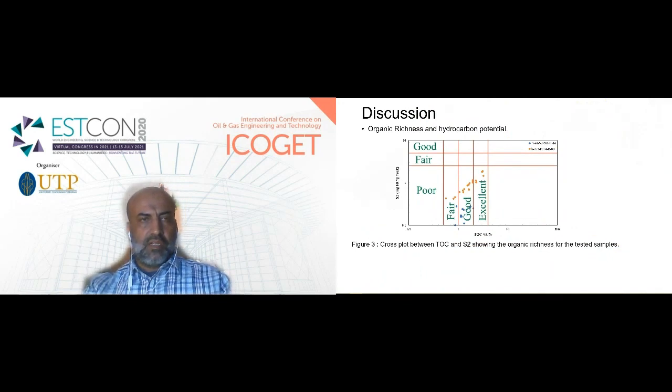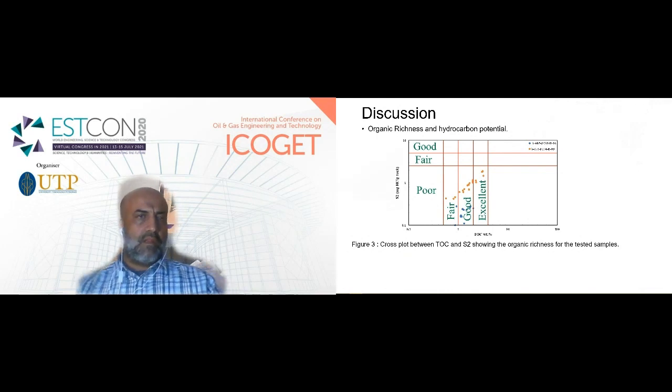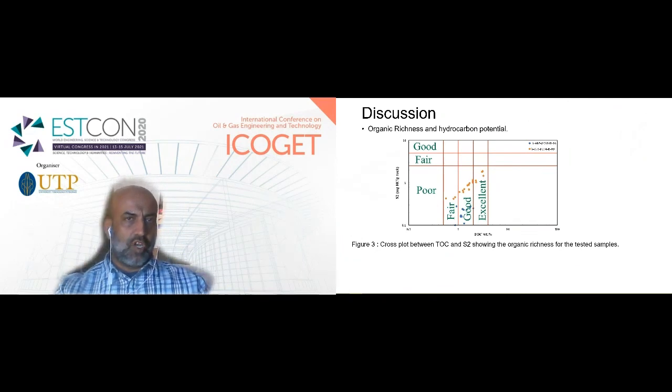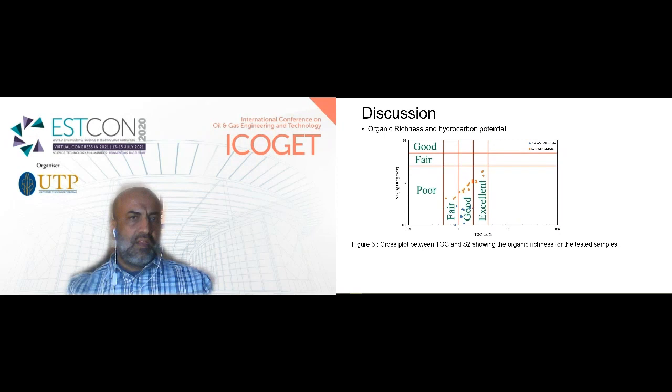Depending on the results of the pyrolysis, the organic richness and hydrocarbon potential of the analyzed samples show a fair to good source rock, as we can see from the cross plot between S1 and TOC.